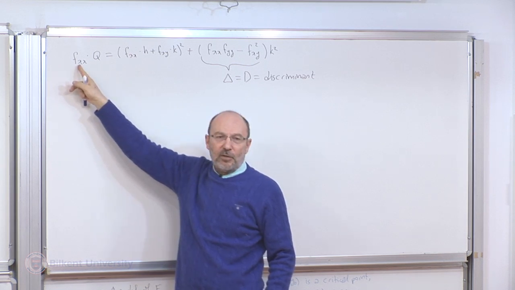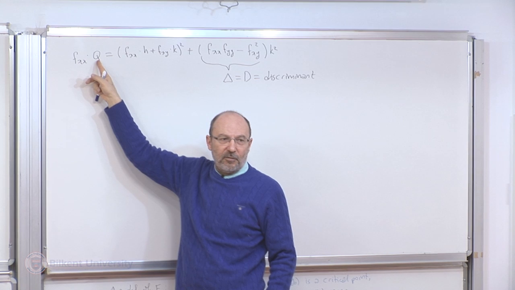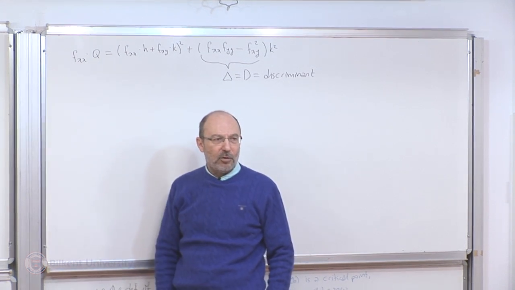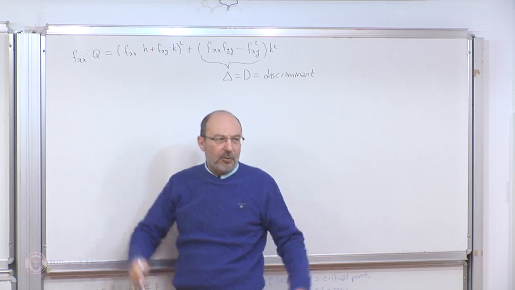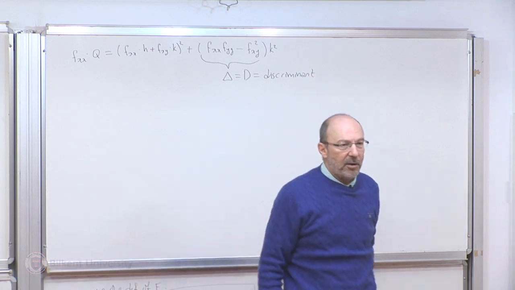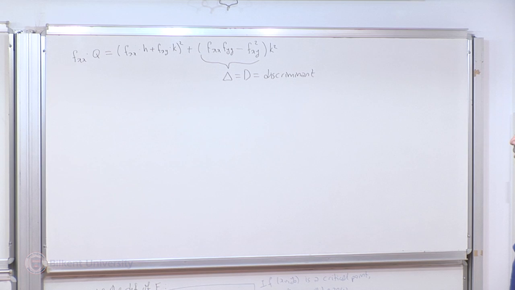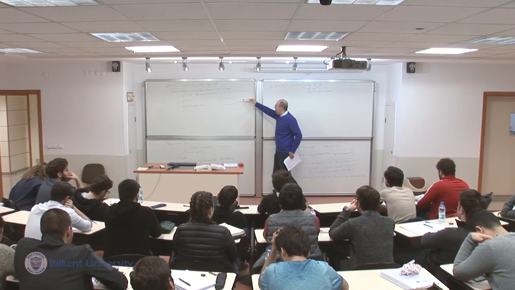If the sign of this is positive, then this is positive for all possible h and k, except the trivial case when you put h, k equals 0, then everybody knows you get 0. So we are not talking about that. Okay, so that's one condition. If the discriminant is positive, but the sign of f_xx is negative, then Q must be negative. Then we are in this case.